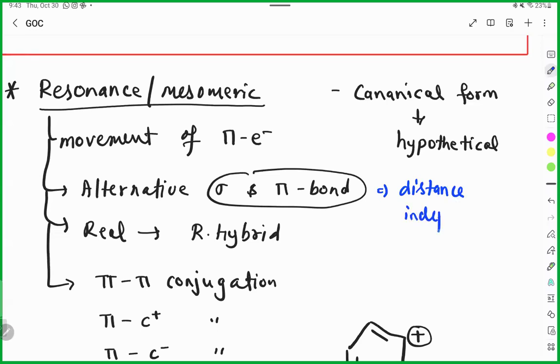It means if you take ortho and para position, resonance effect will be same. And at meta, mesomeric effect will be 0. It means no effect on the meta position.